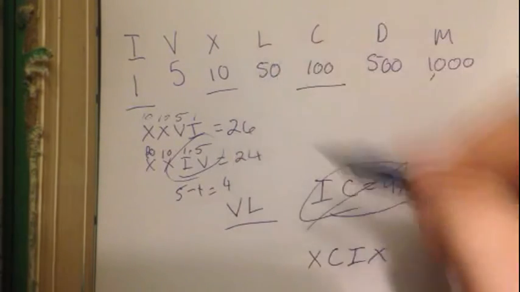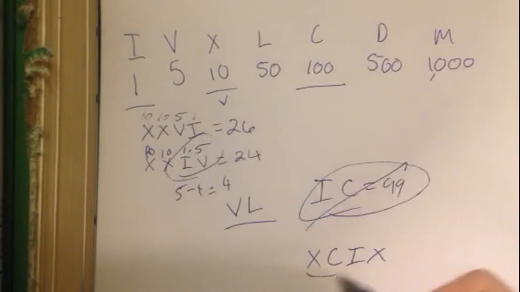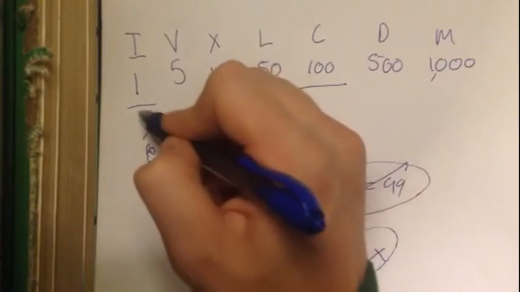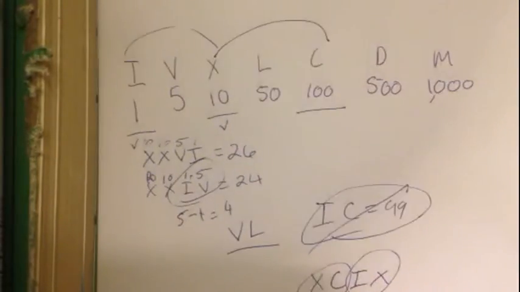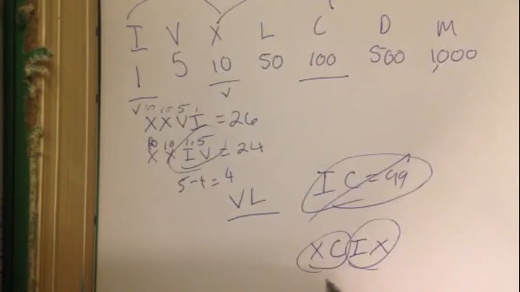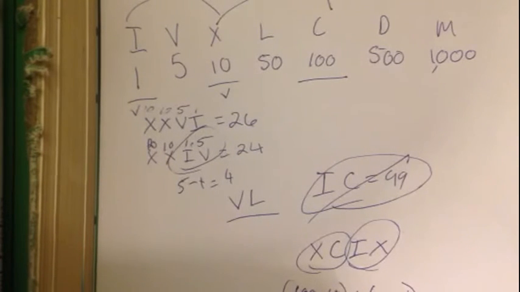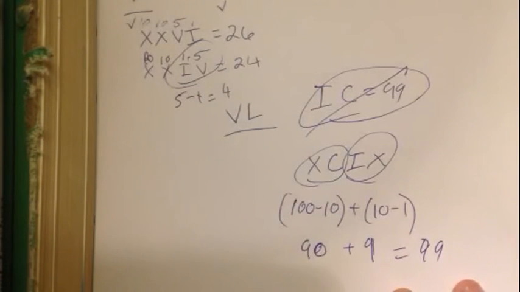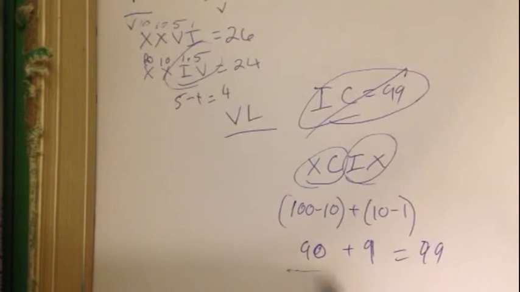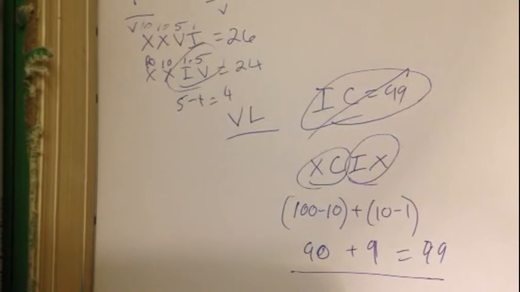So you have this X subtracting from the C, and then you have the I subtracting from the X. We would take 100 minus 10 plus 10 minus 1, or essentially 90 plus 9 to get 99. Cool. You see how that works? Awesome.